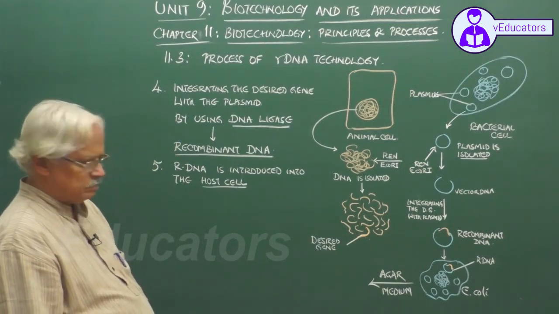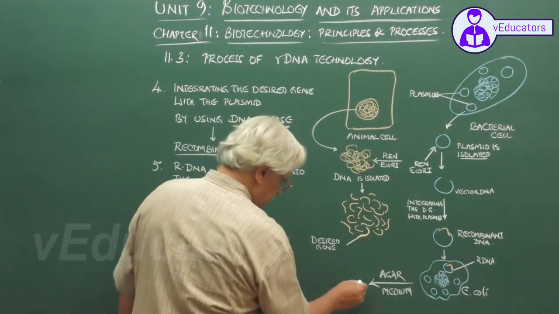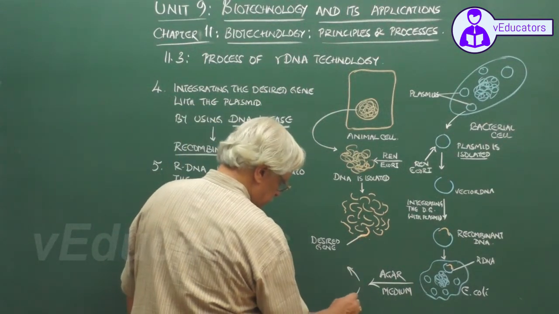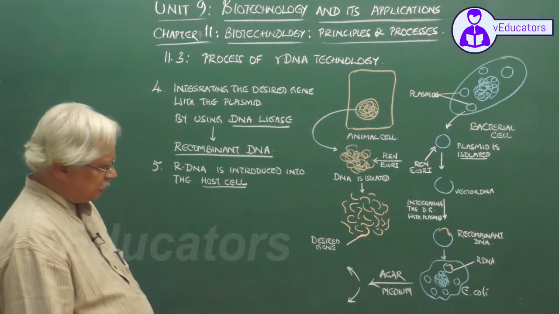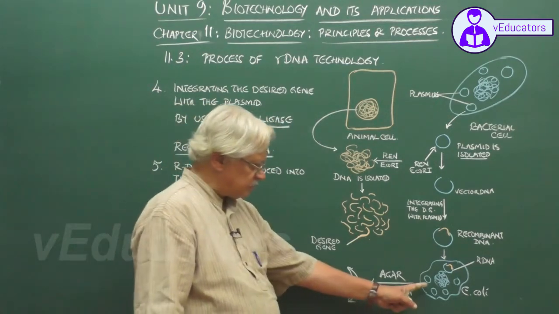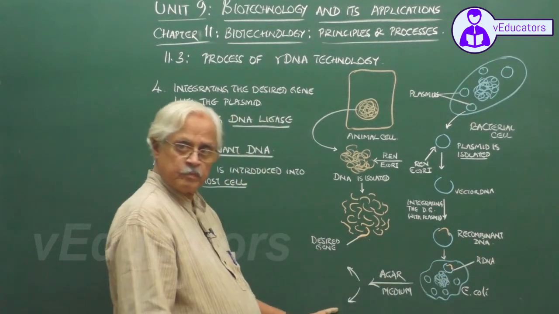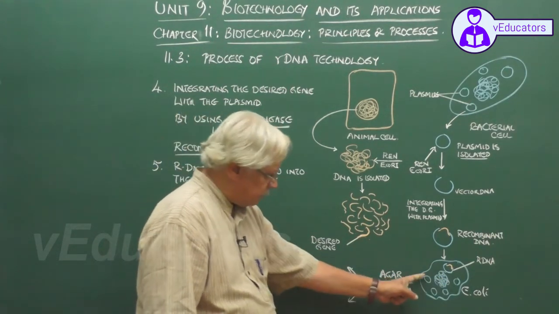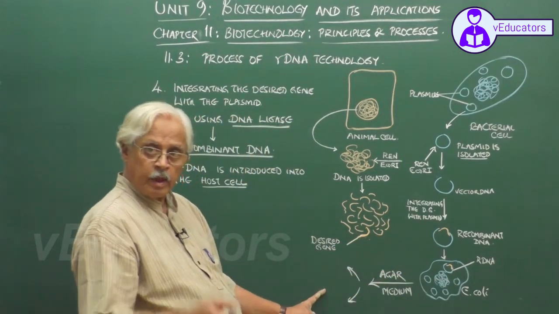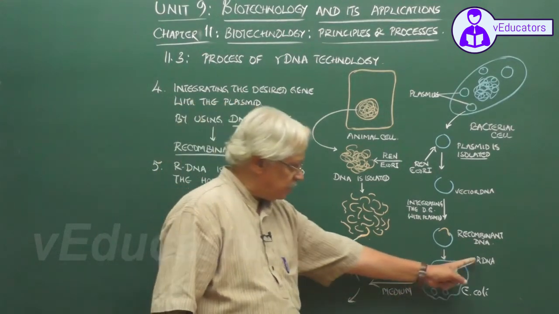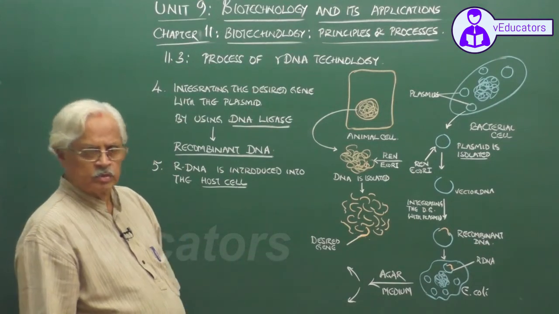At the end of 20 seconds, you get 2 E. coli cells. In these E. coli cells, the bacterial chromosome would have replicated, plasmids of E. coli would have replicated, as also the recombinant DNA.